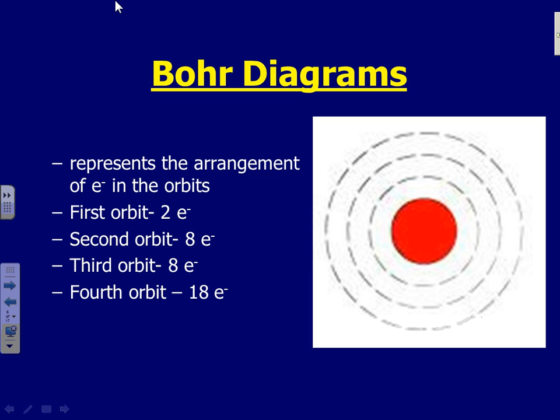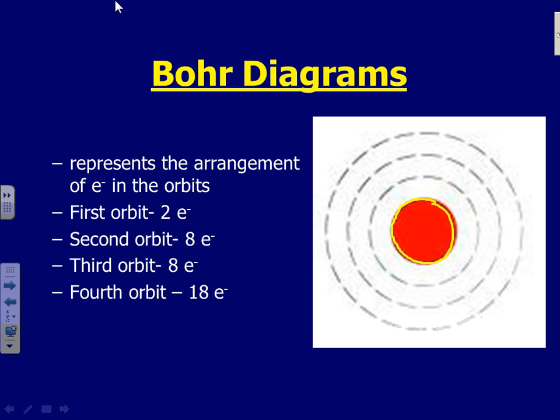Okay, so now we're going to do something called Bohr diagrams. So I do want you to write this down. This is what I would do: just put a circle in the middle, and then let's put some circles. 18.